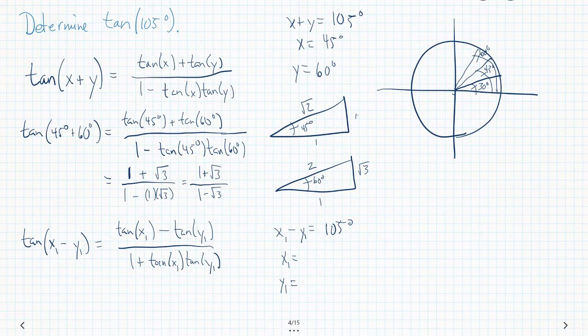So if you look at x1, we can have that be 135 degrees, and then y1 be 30 degrees. Okay? If that's the case, if we go 135 degrees minus 30 degrees, notice that changes everything right here and right there.